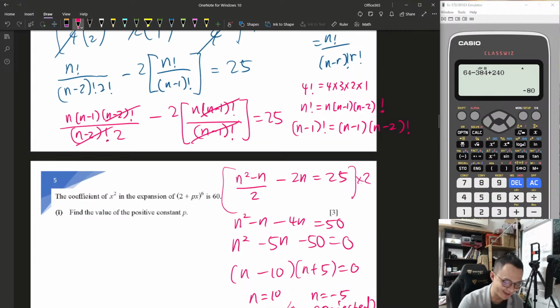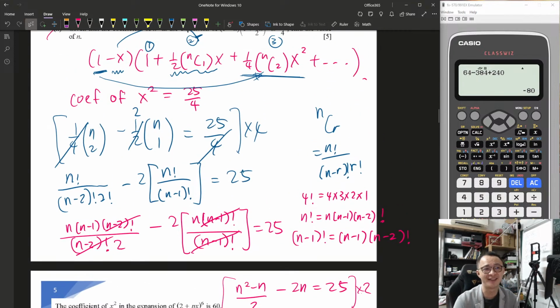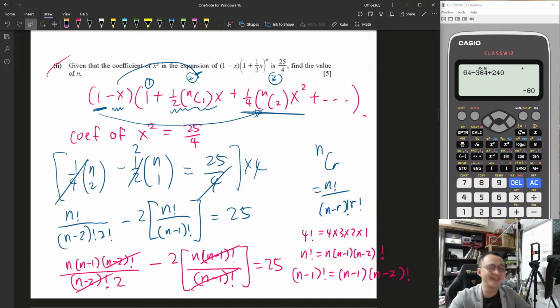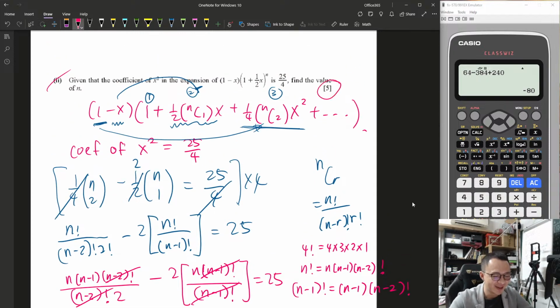Yes, thanks Claire for telling me I cannot cancel the n factorial. Because if I want to cancel the n factorial, the 25, I believe I need to divide by n factorial, right? So I prefer not doing that method. But anyway, yes, this is a 5-mark question. In binomial expansion, the most difficult part is when the power is n, when the power is unknown. Normally it's considered a difficult question.